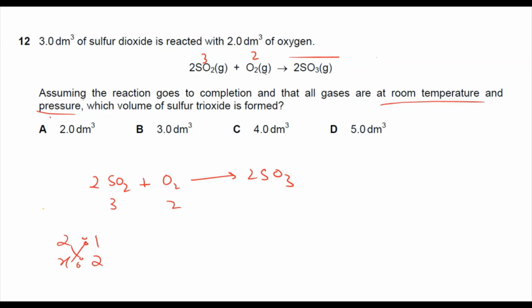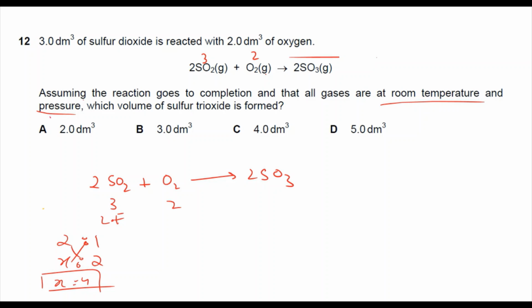How many moles of sulfur dioxide would be required for this reaction? Well, the answer turns out to be 4. Do I have 4 molecules of sulfur dioxide? No, I don't. I have 3. So I have less than I required. So this means this is the limiting factor and this is in excess.